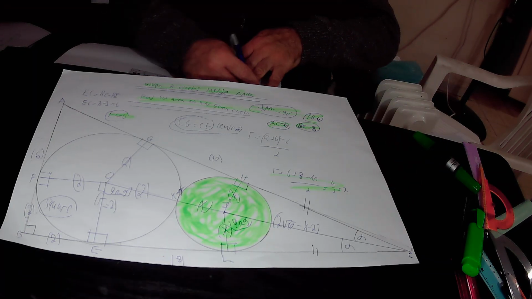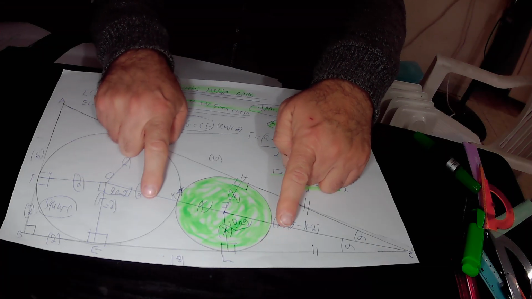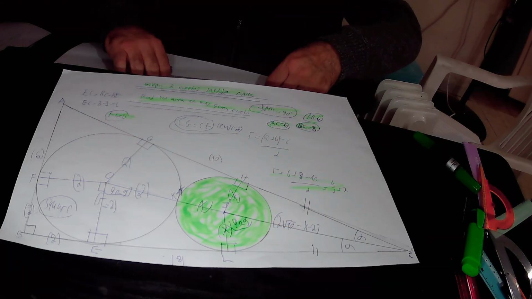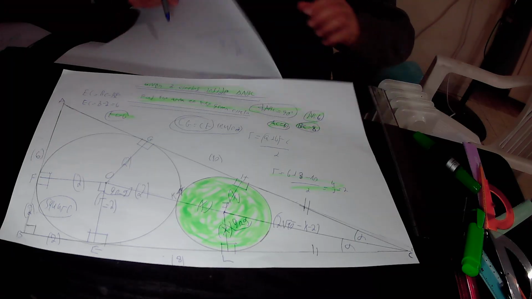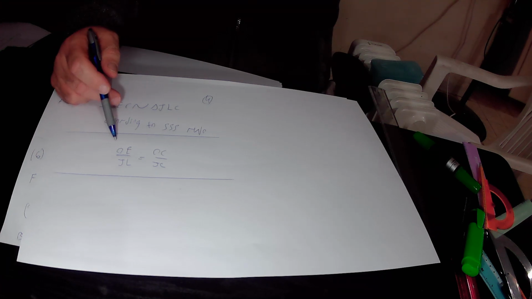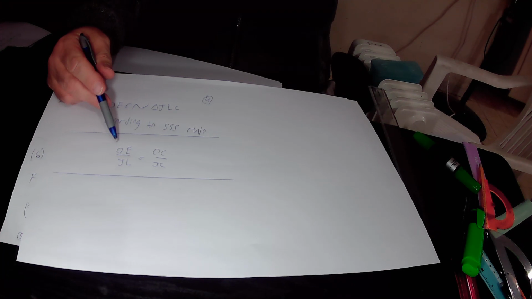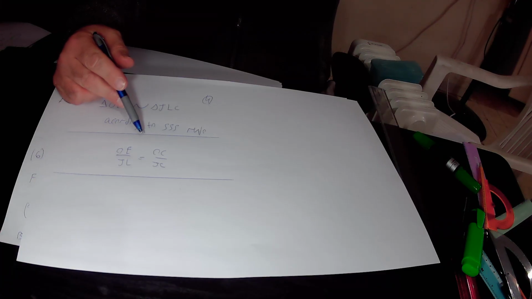And again, from the fact that those two right triangles are similar to each other, we derive that OE of the big right triangle OEC over JL of the small right triangle JLC equals OC of the big right triangle over JC of the small right triangle.